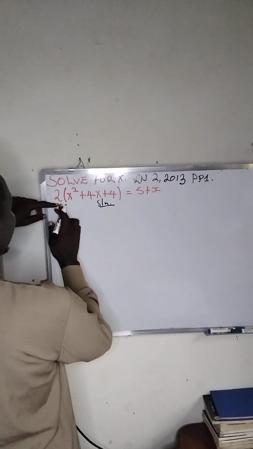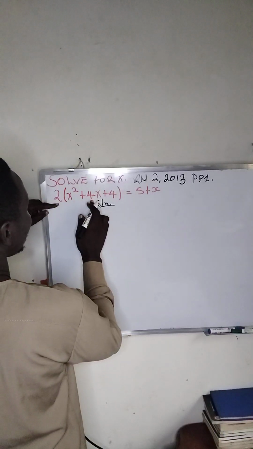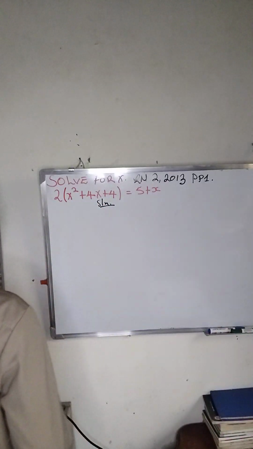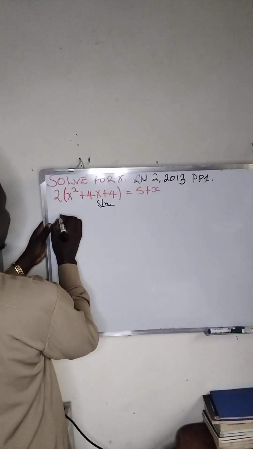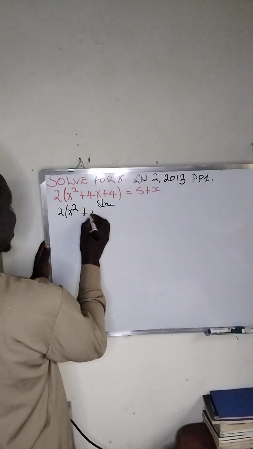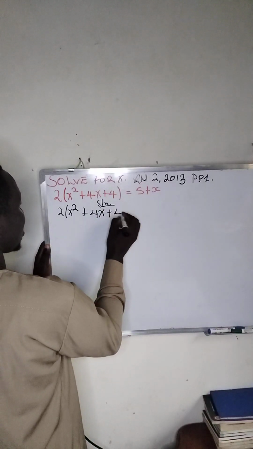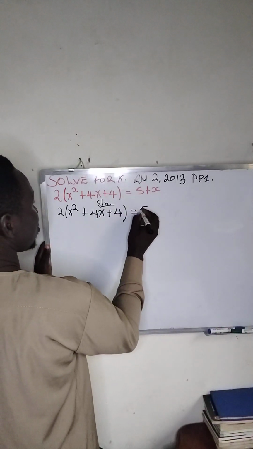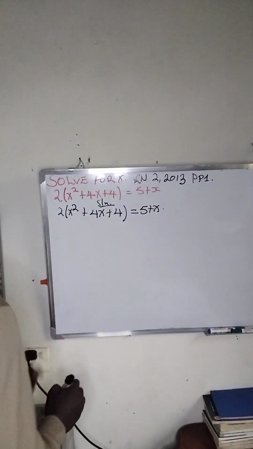Now, this 2 multiplies each of the terms inside the bracket. Let us first rewrite this as 2 into x squared plus 4x plus 4. This is equal to 5 plus x.